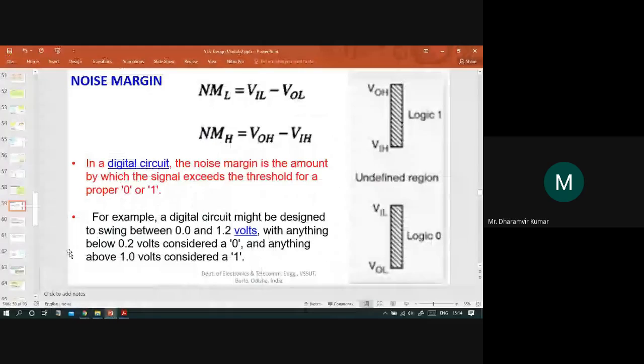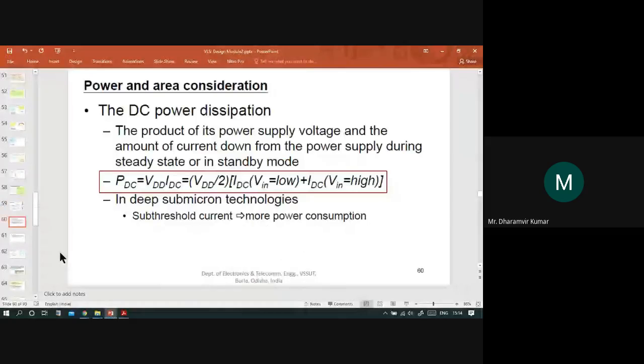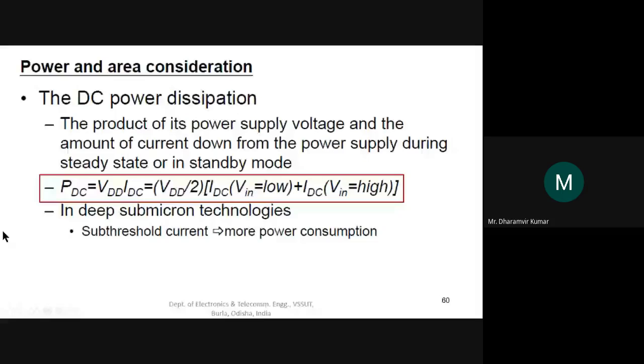So, the power and area consideration. The DC power dissipation is the product of its power supply voltage and the amount of current drawn from the power supply during steady state or standby mode. We know that power is simply defined by the product of voltage and current passing through a device.